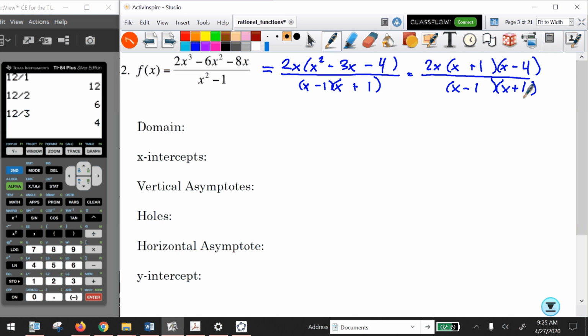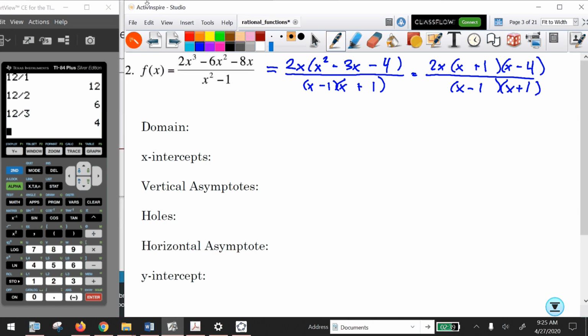Remember, the domain can really be anything except in a rational function you cannot divide by 0. So what numbers would equate the denominator to 0? It would be 1 and -1. So all real numbers such that x is not allowed to equal -1 and x is not allowed to equal +1.